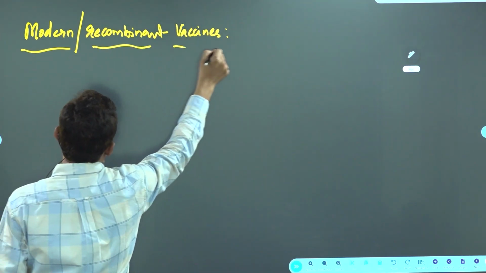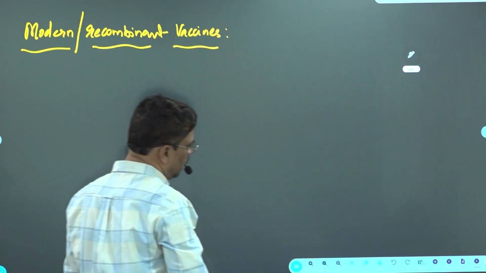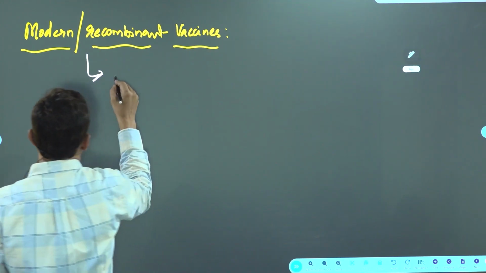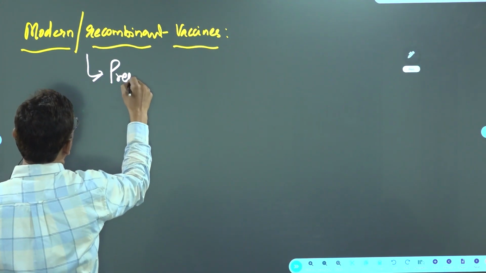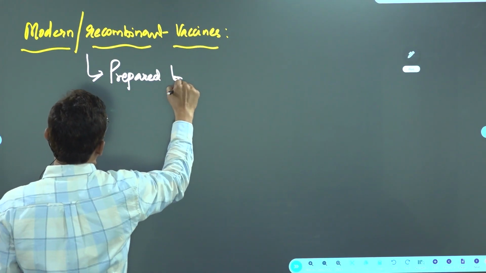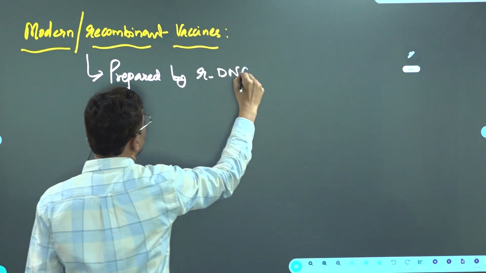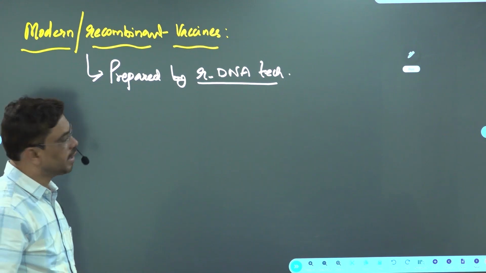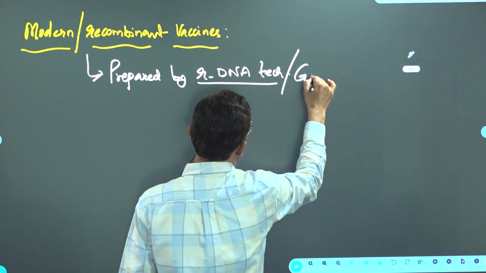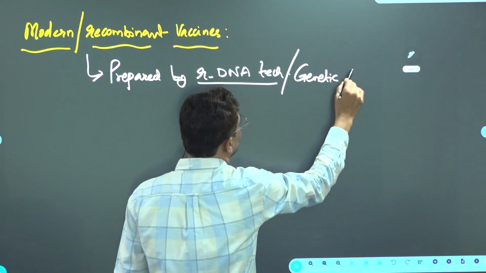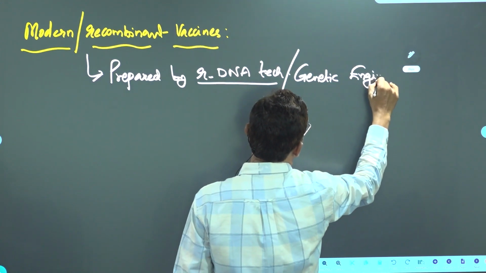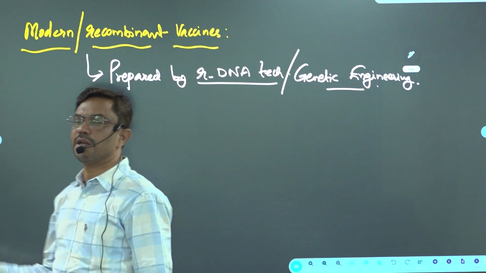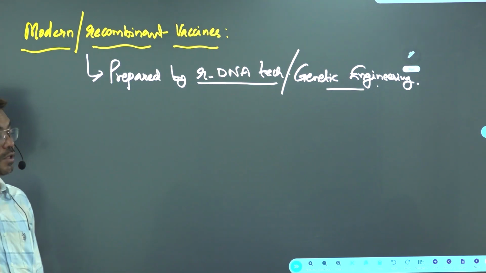These vaccines can be prepared by rDNA technology, recombinant DNA technology process, or by genetic engineering process.